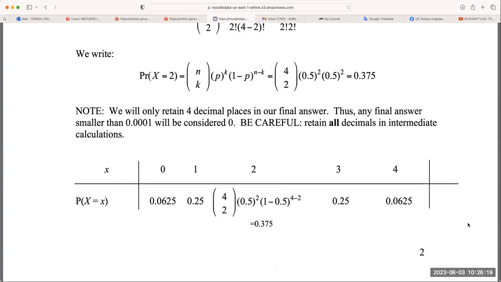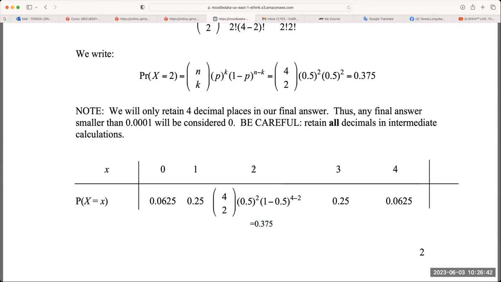So in general, we have a rule that we can use. In general, we'll develop a rule, which is going to be the formula for the binomial variable. So let's derive this. Let's focus on this one here, 0.375. How do we get this number in a different way?